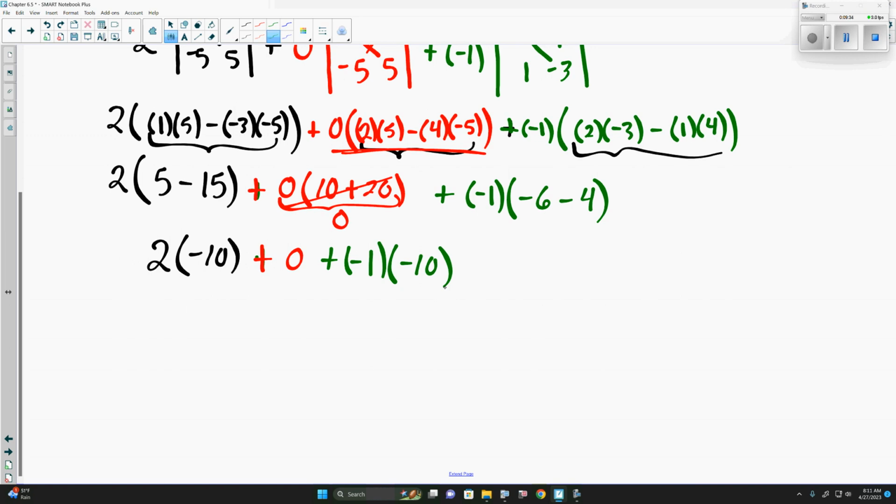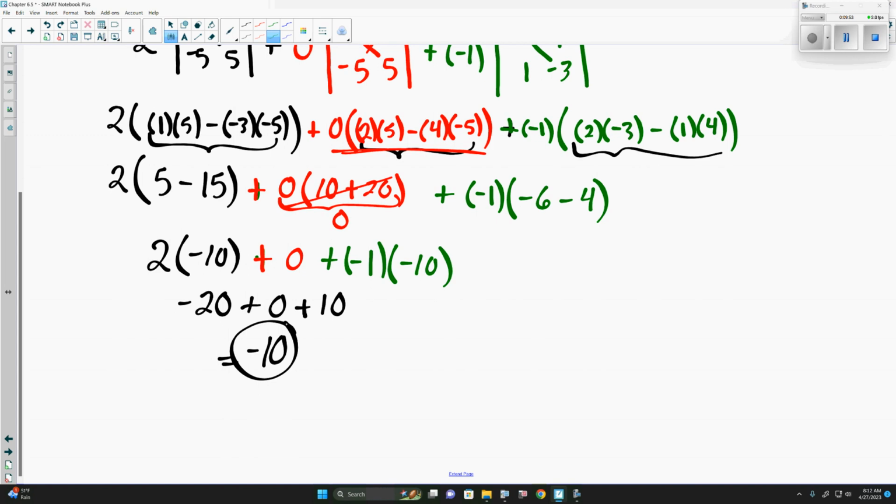Well, 2 times negative 10 is negative 20, plus 0, plus, because negative 1 times negative 10 is 10, which tells us that the determinant for this here is negative 10.